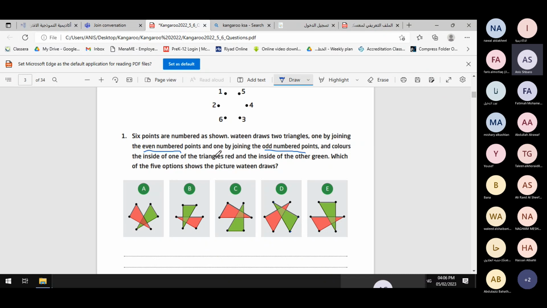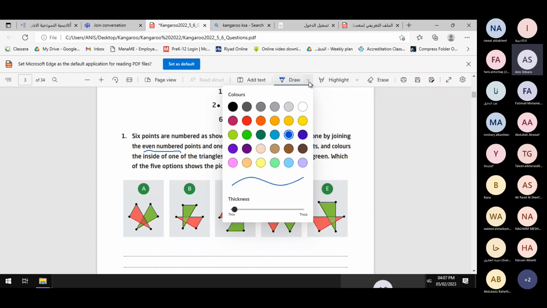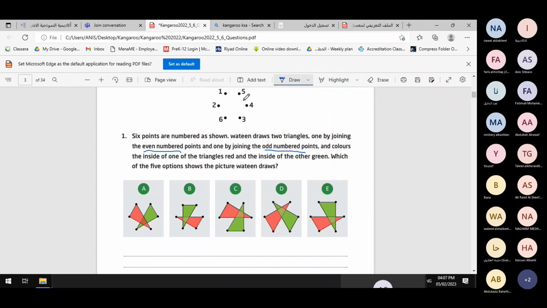And each triangle has three vertices, okay? So first of all, we are going to join the even numbers. I don't care now about the color. We need first of all to draw the line, and then we're going to see what shape we're going to obtain.